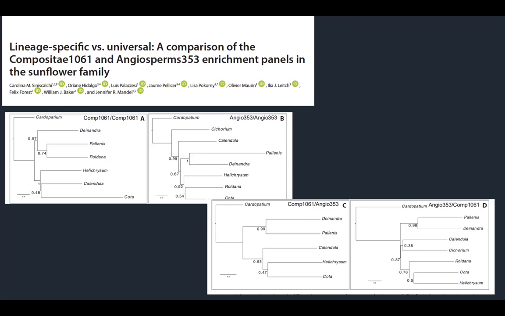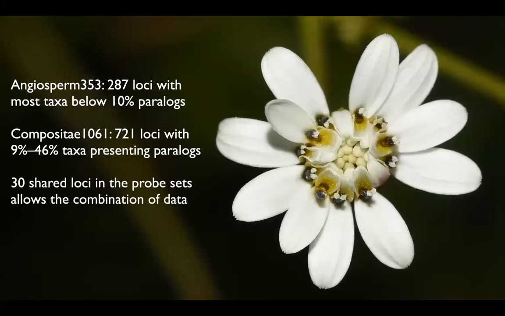I could show you a number of trees, but I just wanted to give the bottom line: the Angiosperm 353 had an average of 287 loci with very low levels of paralogy, whereas the Compositae had an average of 721 loci, but with a lot more, 9 to 46%, potential paralogs.